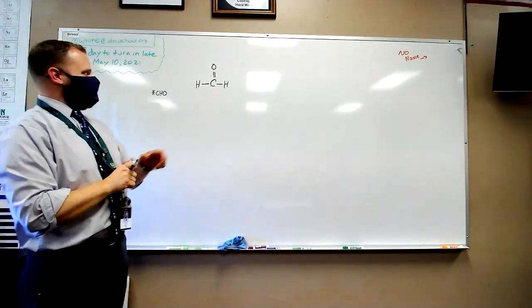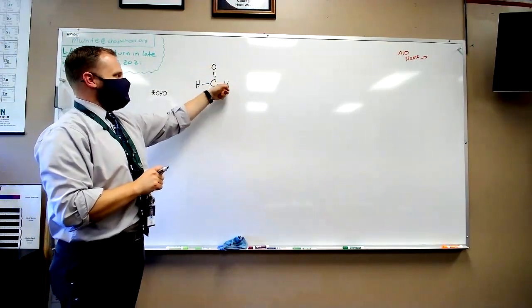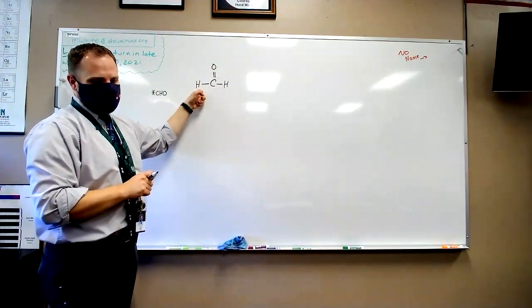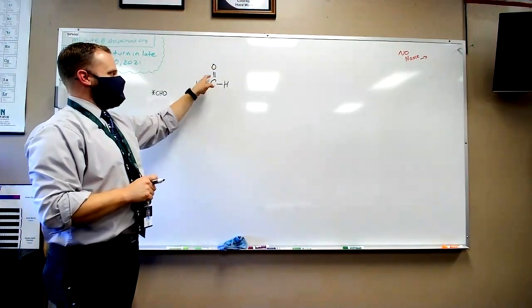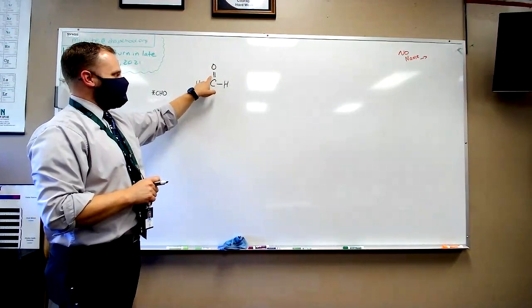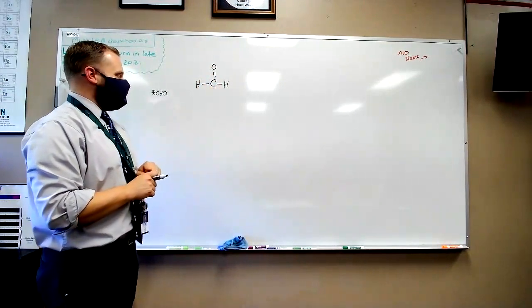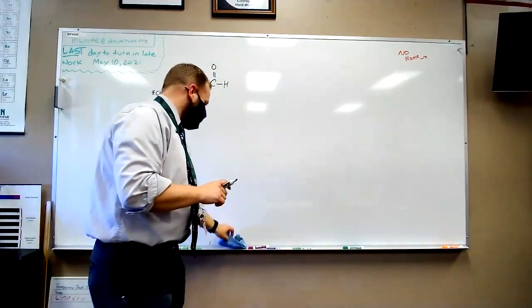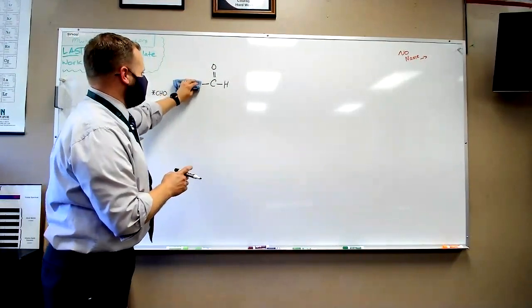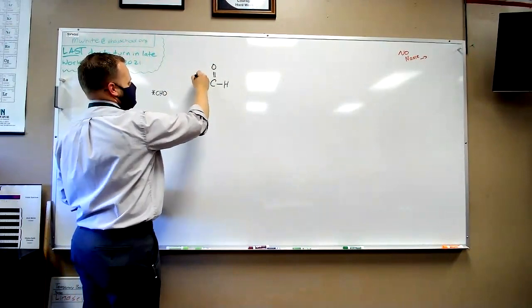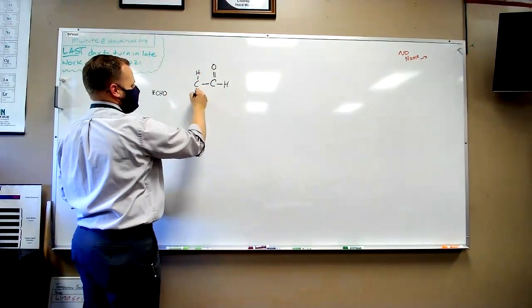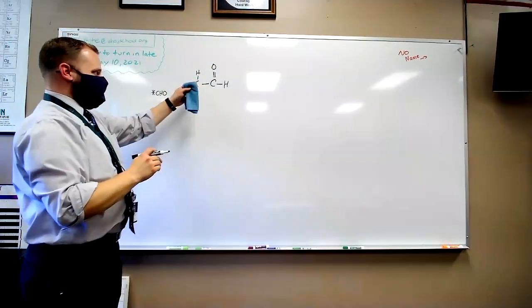Once again, you'll notice carbon only has 3 different atoms attached to it, but it still does have 4 bonds. Remember, carbon needs 4 because 2 of them are there. So 1, 2, 3, and 4. But like we said, we could put another carbon right there, or we could keep going.